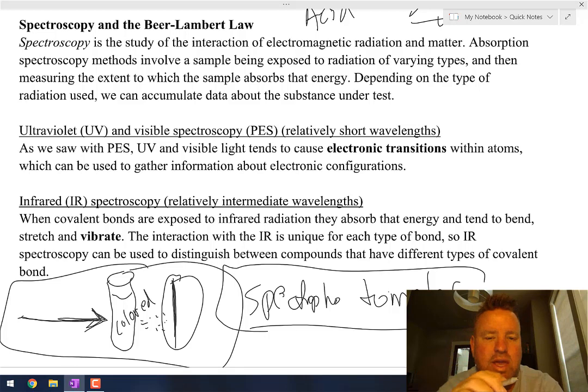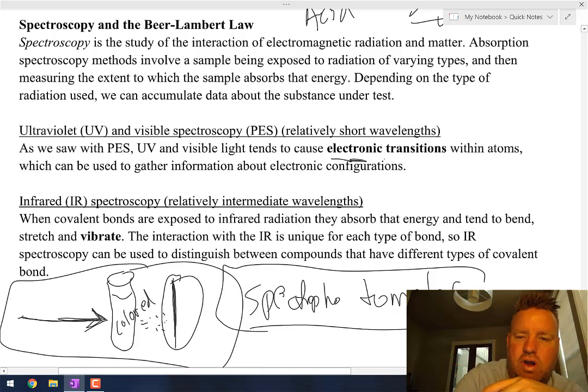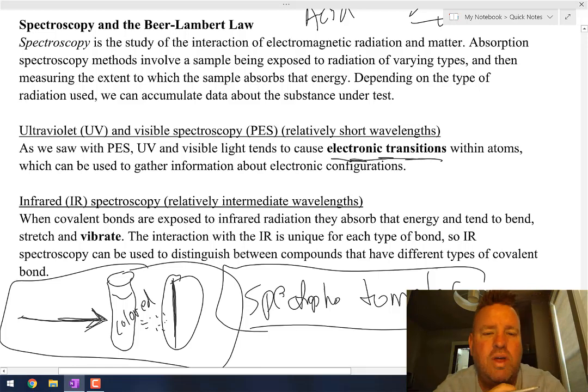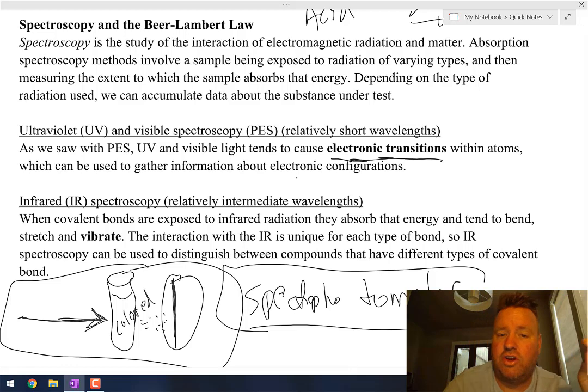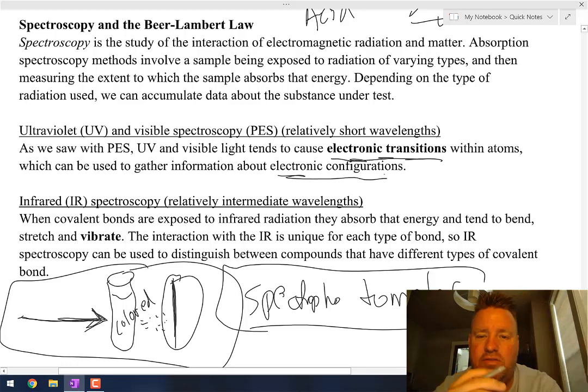What PES does is it tells you about what are called electronic transitions within the atom. Obviously those electronic transitions tell you about the electron configuration.